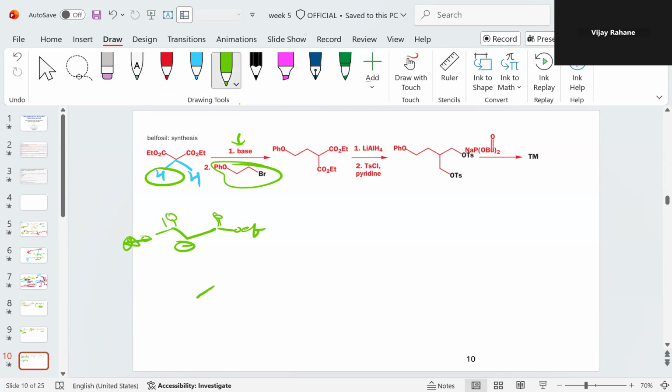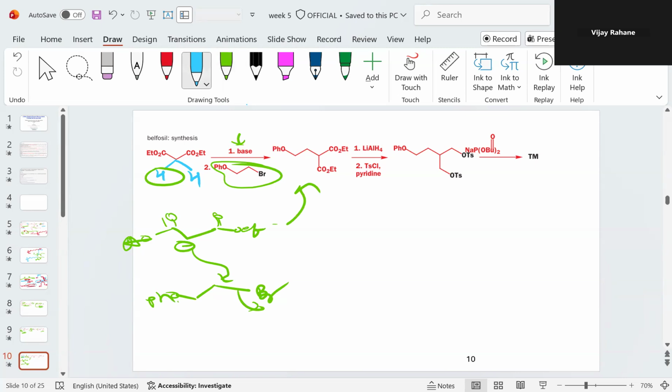Once this negative charge forms, it attacks this bromo carbon, and bromide gets eliminated, Br negative. So we get this alkylated product, right?